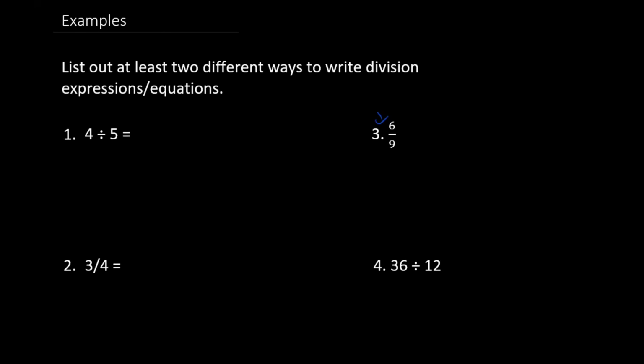That's our first question. 4 divided by 5 also equals 4 over 5. And then 4 slash 5. Once we get 4 slash 5, that will technically give us the answer 4 divided by 5 as a fraction.